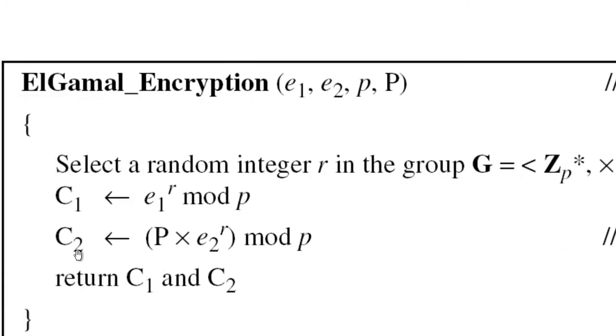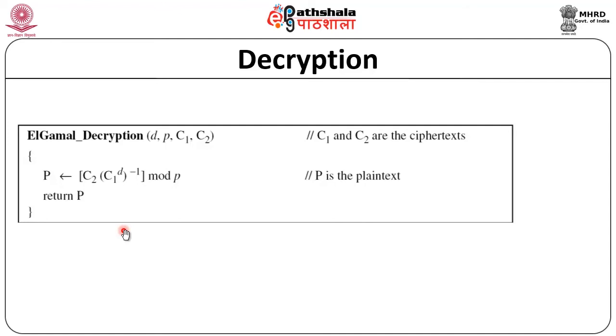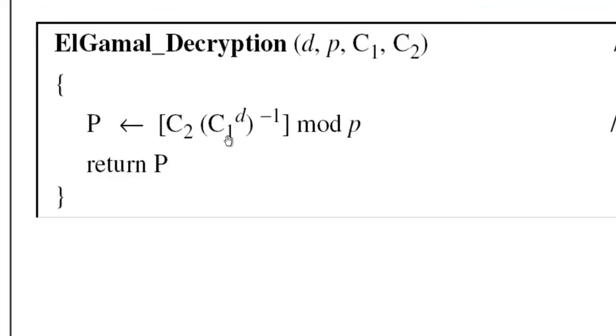Now they generate C2 from P times E2, where E2 is also sent by Bob to Alice, using the random integer r, which provides two ciphertexts C1 and C2. On the decryption side, we already know that C2 times C1 power d inverse mod p will give the plain text. C1 and C2 are sent by Alice to Bob, where Bob can now use his own private key.